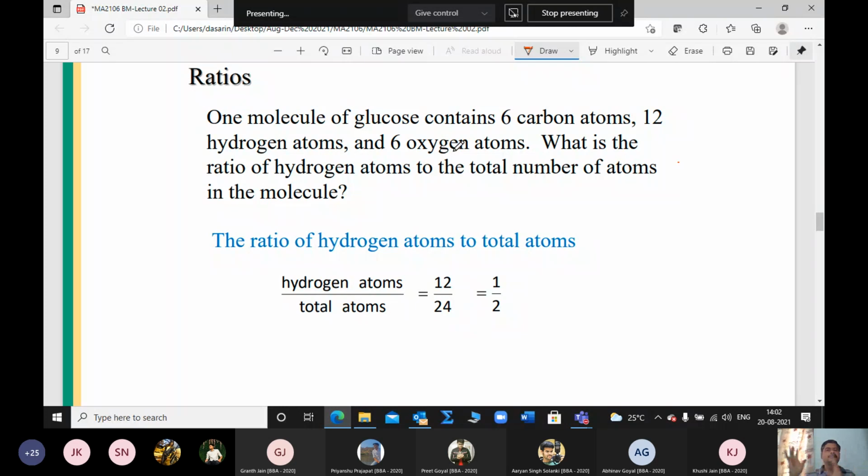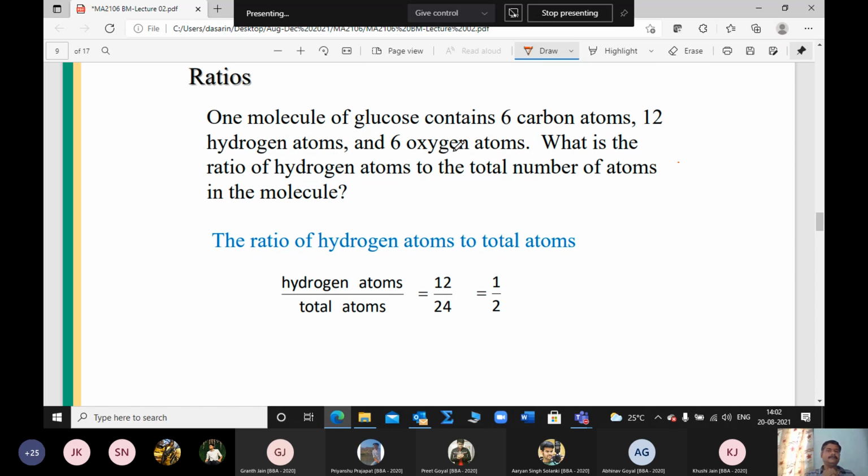In total, how many atoms were there? 24. So when I am calculating the ratio of the hydrogen atoms to the total number of atoms, there are 12 hydrogen atoms, 12 divided by the total number of atoms, that is 12 divided by 24 is the answer.